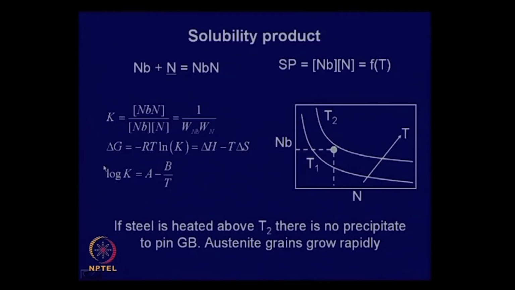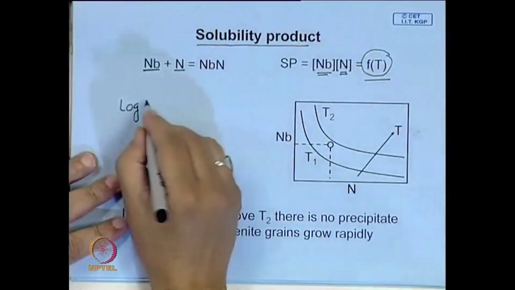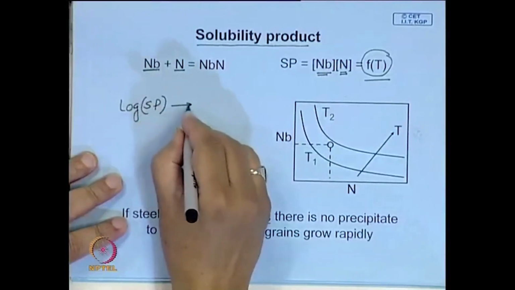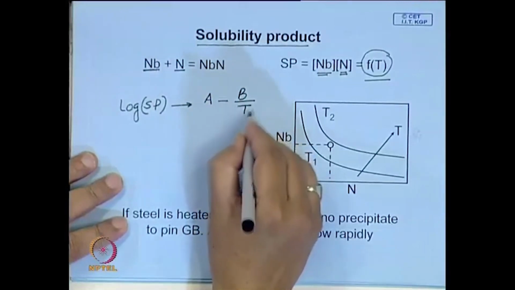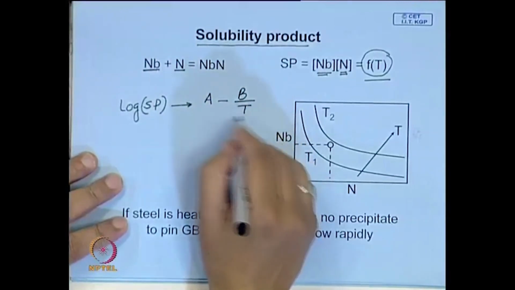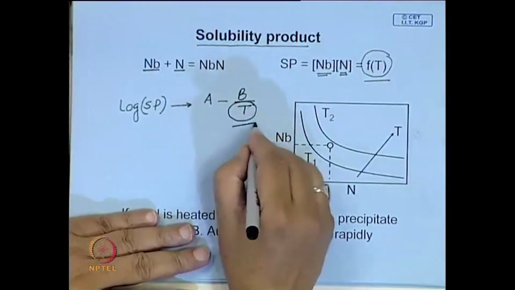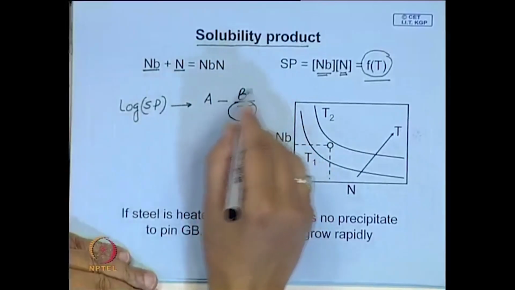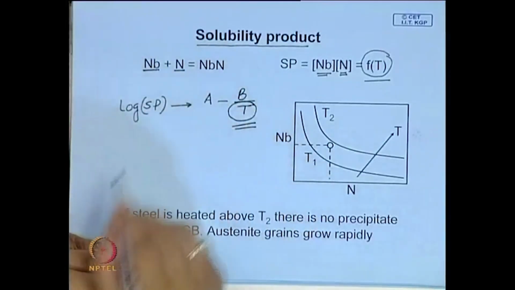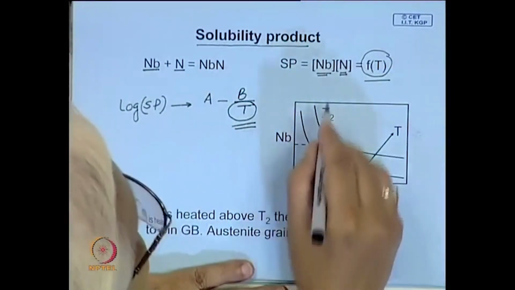So, if you plot the logarithm of this solubility product, it has this kind of plot. T is the temperature in degrees Kelvin. So, this is a strong function of temperature, and it is important to see how this solubility product changes with temperature, and typically it is shown over here.